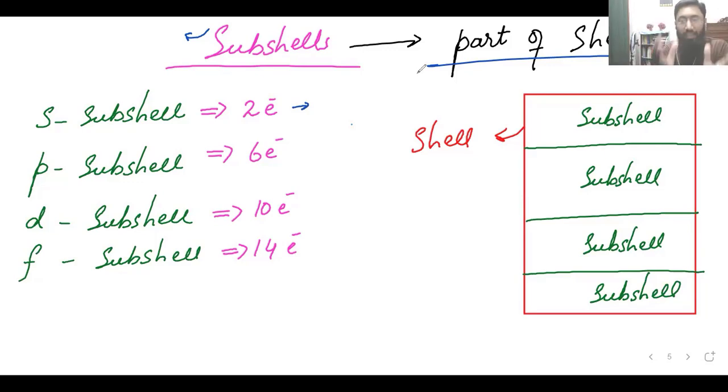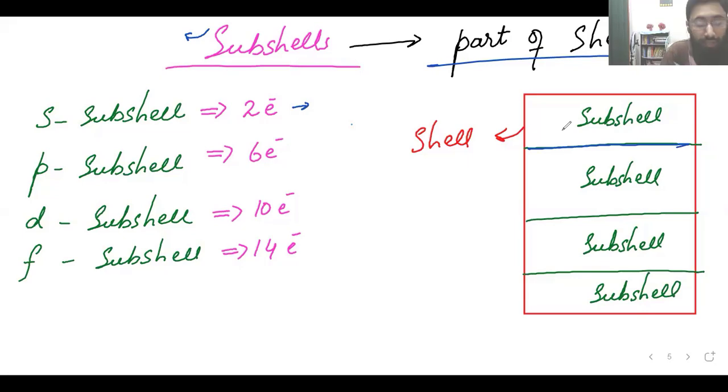A cupboard is like a shell, and the portions present in the cupboard are like subshells. Why are we relating shells to a cupboard? Because in a cupboard we arrange books, dresses, and different things, and here we have to arrange electrons.